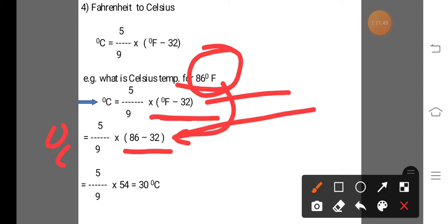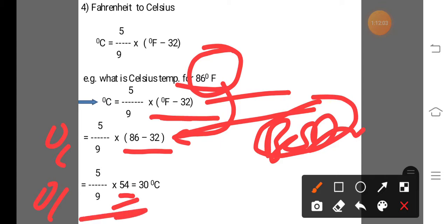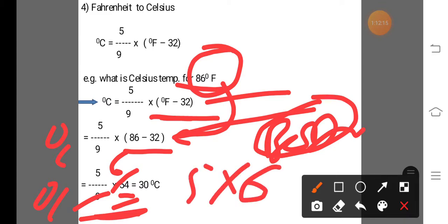Firstly we solve the BODMAS, that means the bracket, and next step is degree Celsius is equal to 5 by 9 into 54, and after solving these steps, next step is 54 divided by 9 is 6, that means 5 into 6, and the final answer is 30 degree Celsius.